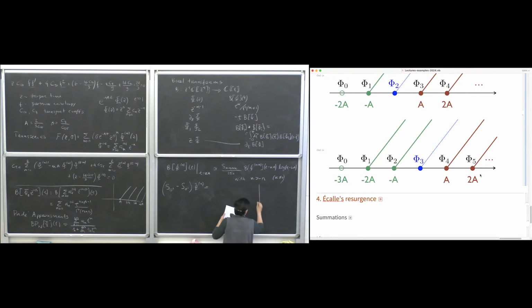I said that I had cuts starting at A, starting at 2A, starting at 3A, etc. And what I want is, so this is the S plus, this is the S minus. So I want the difference between them.